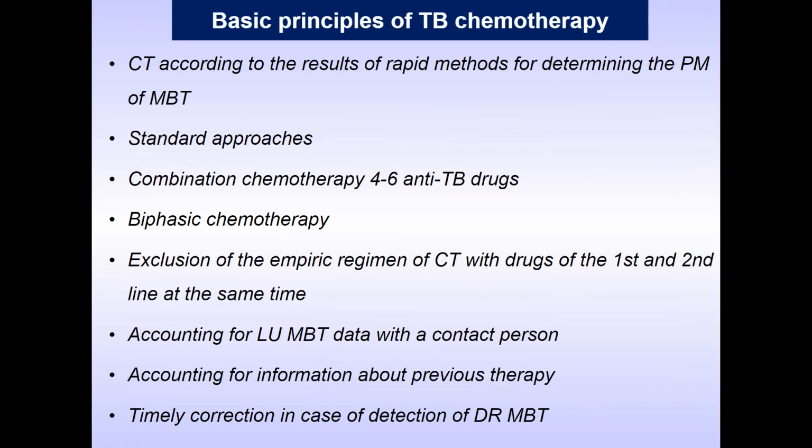Chemotherapy is adjusted according to the results of repeat methods, using standard approaches, combination chemotherapy, biphasic chemotherapy, inclusion of an empiric regimen, accounting for data from the contact person, accounting for information about previous therapy, and timely correction in case of detection of DR-MBT.